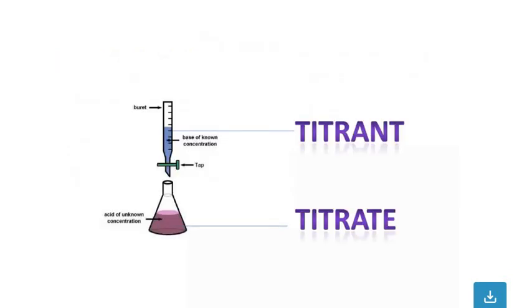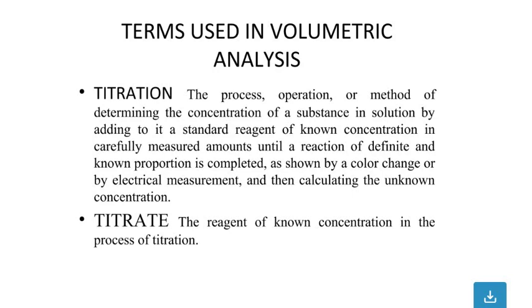So look at here, titrant and titrate. Titrant, burette, and you can see initial reading, final reading, tap, and titrate. You can see the acid of unknown concentration. Now terms used in volumetric analysis.